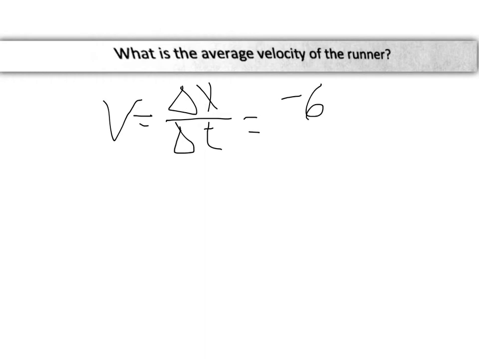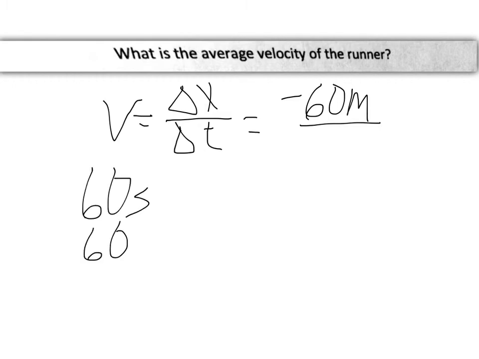Negative 60 meters. Total time. Well, if we go back and look at our times, we had him running for 60 seconds to the east, 60 seconds to the west. But we also had him resting. It said comes to a rest for 30 seconds, so he's taking a break.